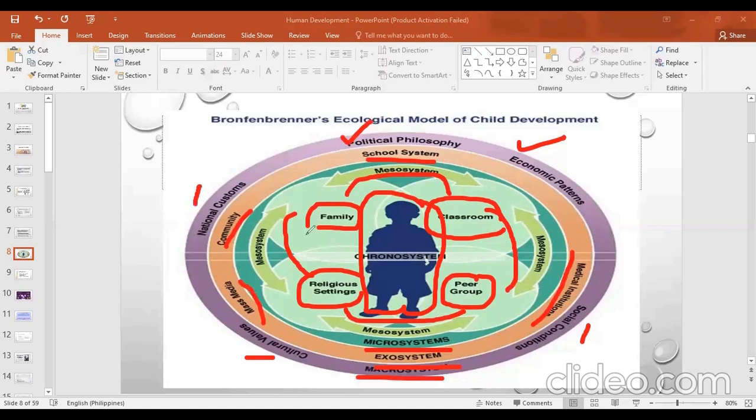And we have the chronosystem here. Yung sinabi ko kanina as timing of your existence, or sabihin na natin yung birth mo, can influence your life or a child's life.